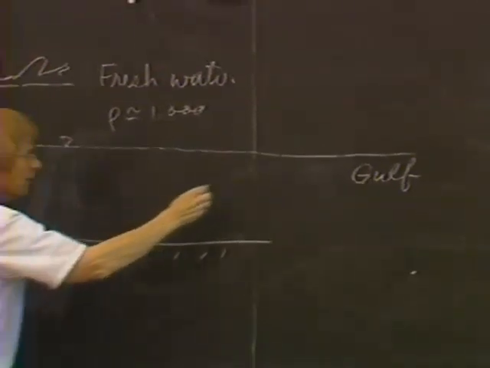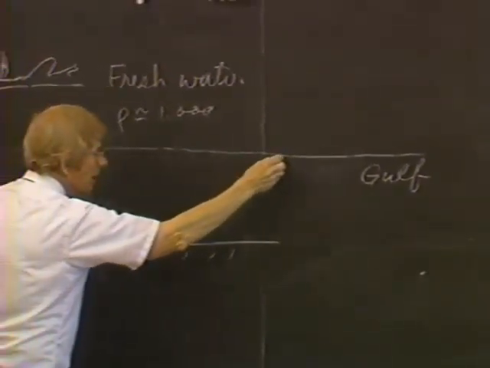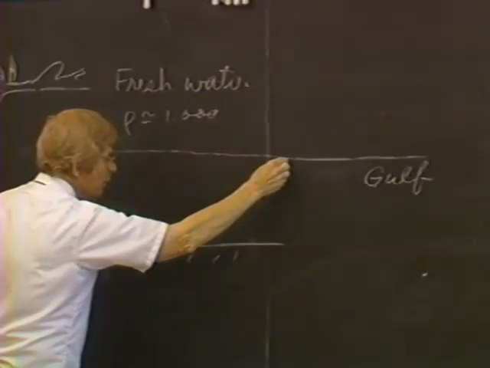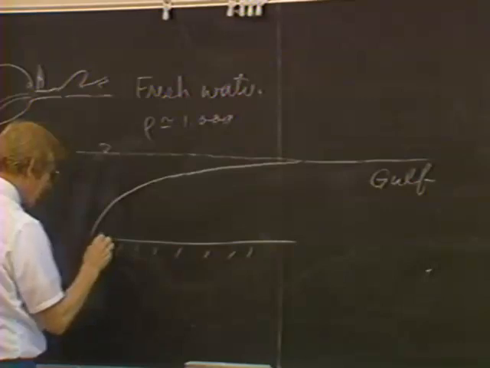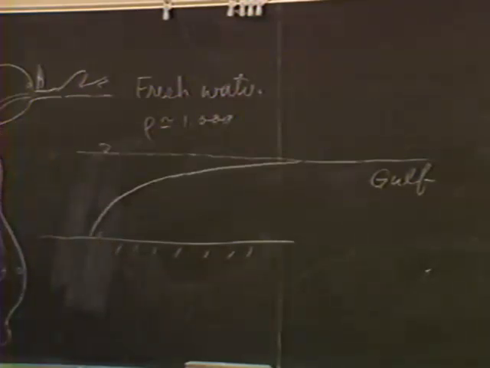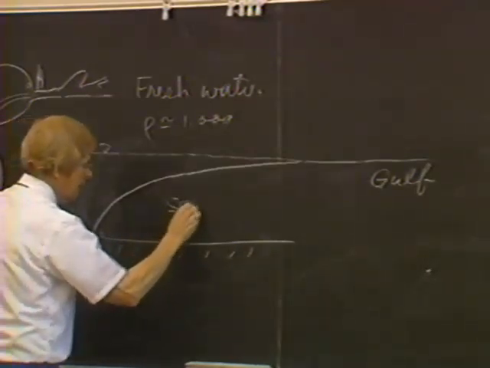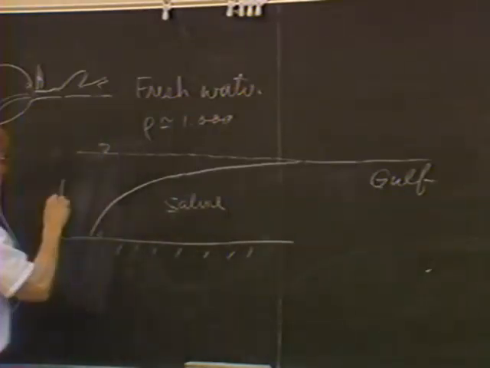If you measure the salinity of the water with depth, what you find is something that looks like this, where this is saline and this is fresh.